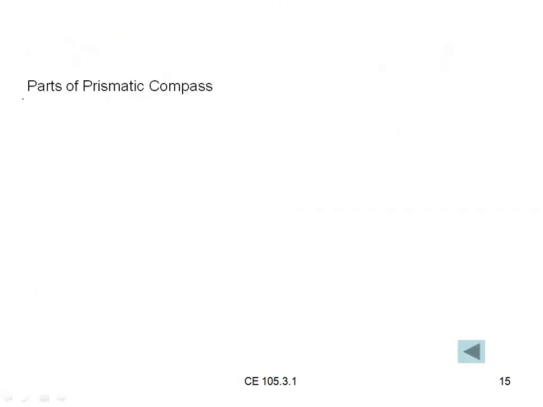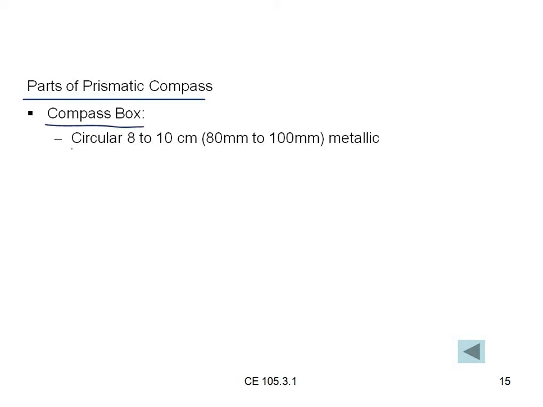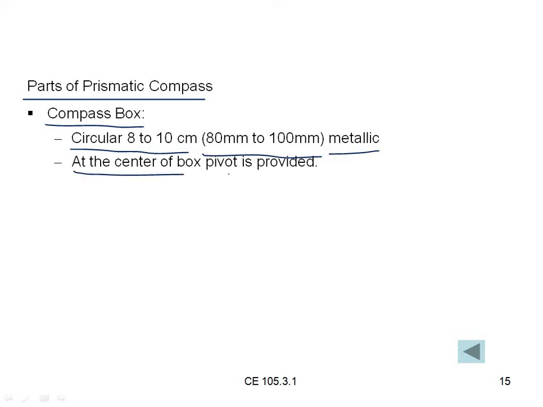Next are the parts of the Prismatic compass. What are the parts? One is the compass box, which is circular, 80 mm to 100 mm, metallic. At the center of the box, the pivot is provided.